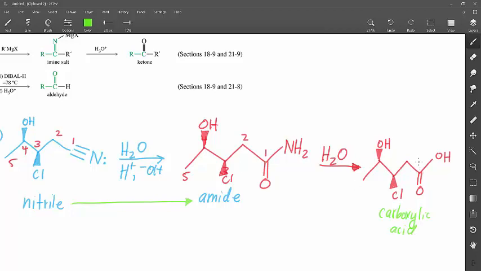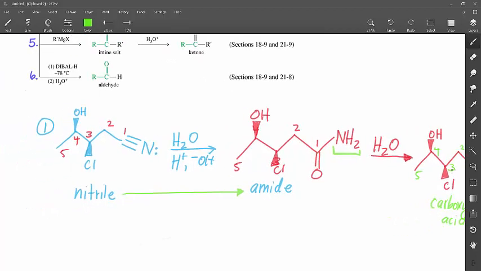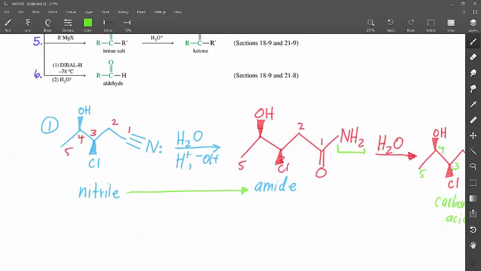Well, we kept the carbonyl carbon, 1, 2, 3, 4, 5. But what happened was this NH2 transformed into the OH. Okay? So I want to get you in the habit of doing this as well, and you're going to do this for your assignment on this video.